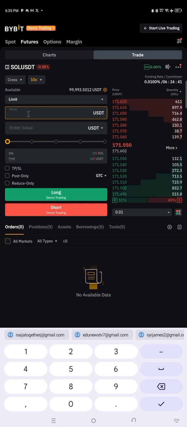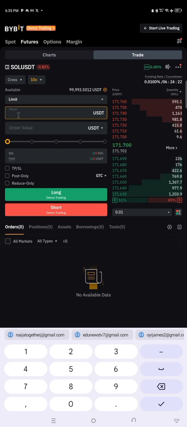If you are longing the market or buying the coin, make sure the price follows your analysis. Make sure the price goes up if you are buying or longing. And if you are shorting or selling, make sure the price is dropping so that you make profit.